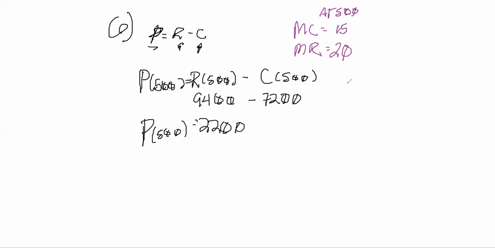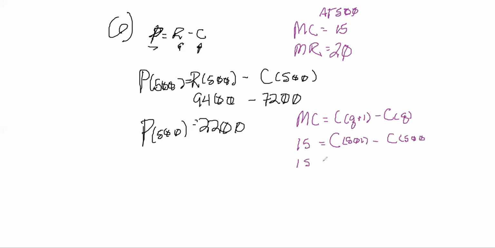We can use this to say, in our equations, that marginal cost is equal to C of Q plus 1 minus C of Q, right? So we have 15 is equal to C of 501 minus C of 500.